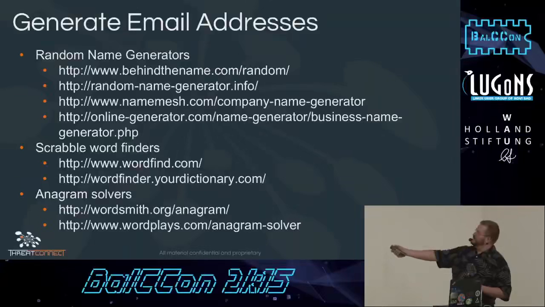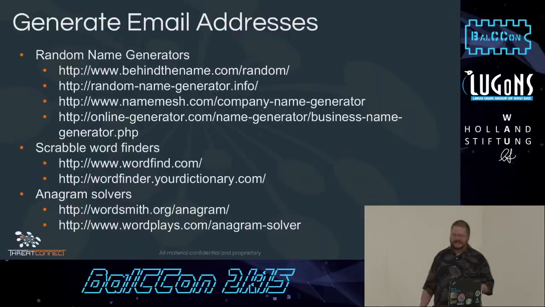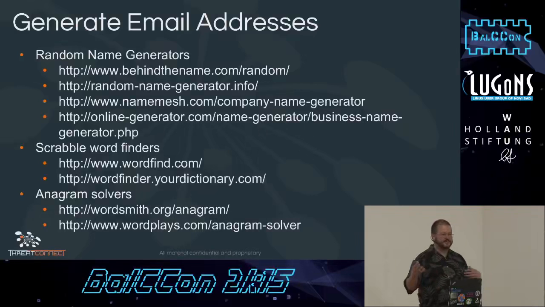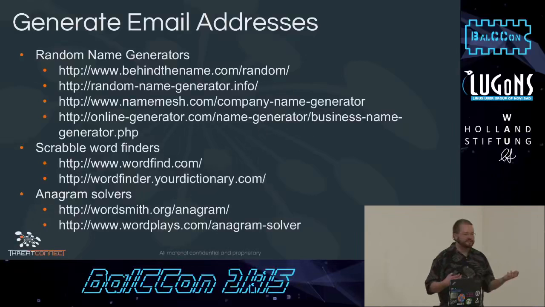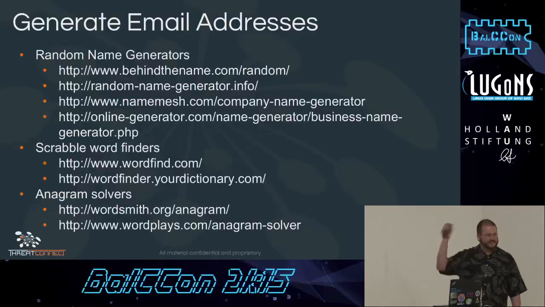These are just a few sites that I use to generate the names. I have Behind the Name, random name generator, and Namemesh, and these two are interesting because they spit out random generic company names. So if you want to make a domain name that's based on something that sounds like a real company, just have this make a couple of random names.